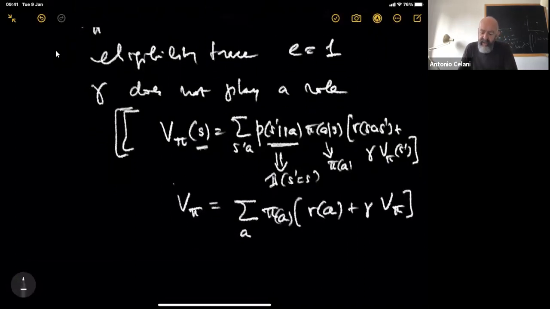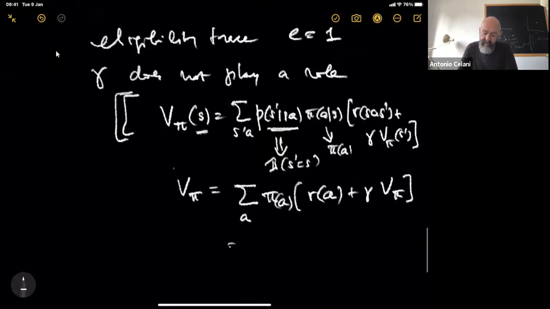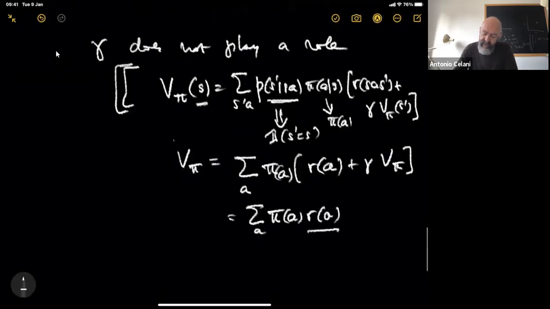And then you realize that if you open up this sum, this first term is just the sum over a of pi of a times the reward. These are the average rewards, remember. And then I get plus gamma v pi, which doesn't depend on the action, it's just a number, so it goes out of the sum. And here I have the sum over the probabilities of the policy, but this is equal to 1, because the probability is normalized to 1.